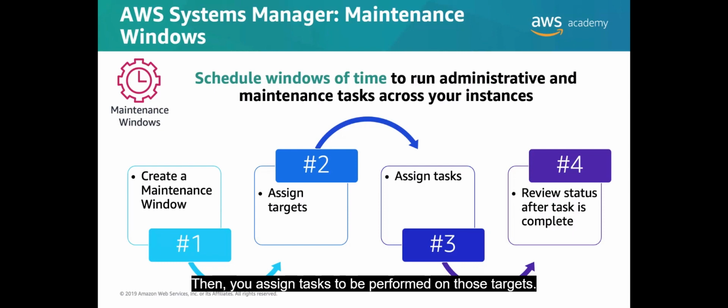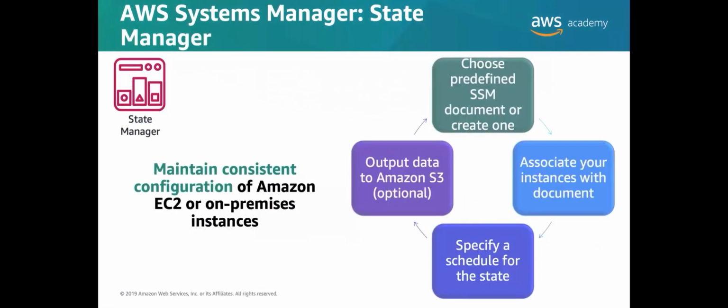Then, you assign tasks to be performed on those targets. Types of tasks that can run include commands run by AWS Systems Manager Run command, AWS Systems Manager Automation workflows, AWS Step Functions workflows, and AWS Lambda functions. Finally, you review the status of the tasks once all commands are finished.